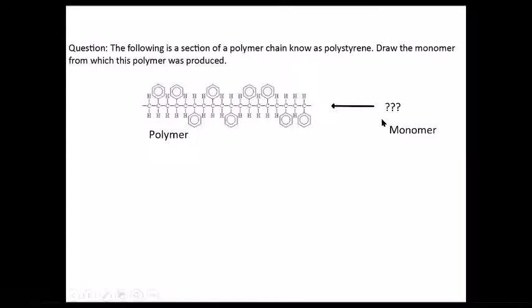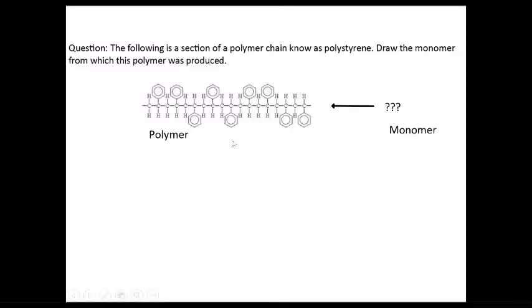Got it? Now, when you look at something like this, you need to look at the repeating pattern. What's the thing in this polymer that just repeats itself over and over again?